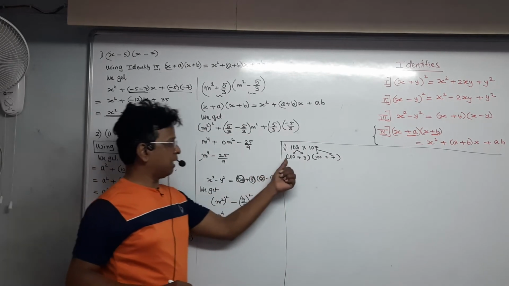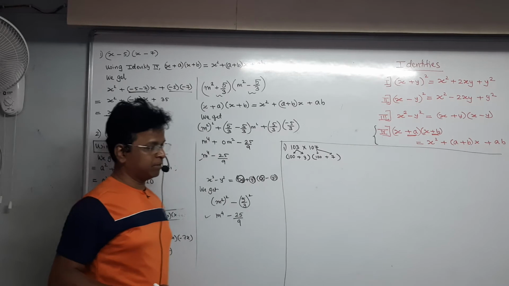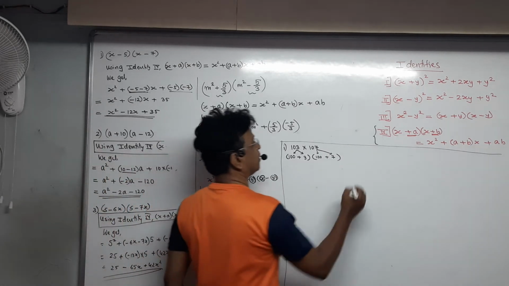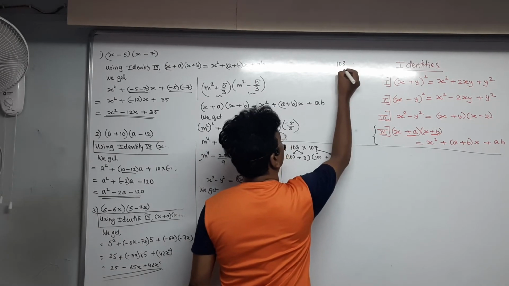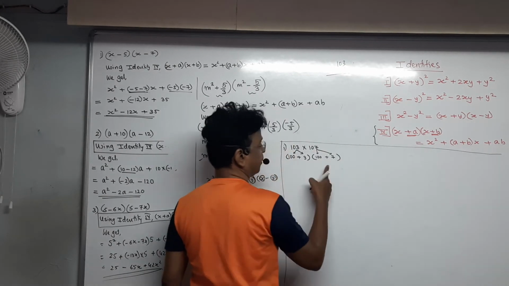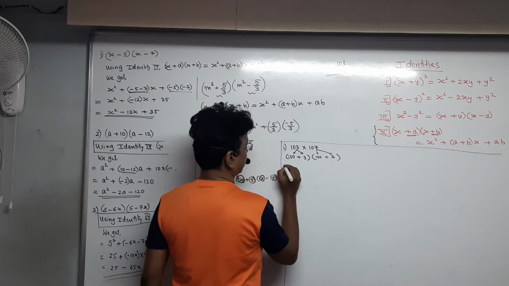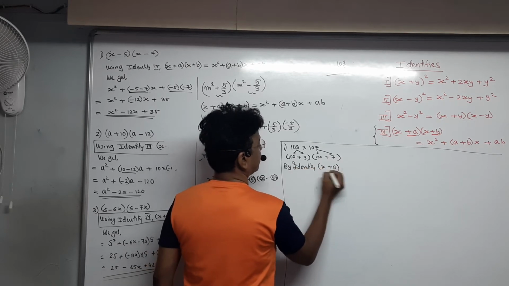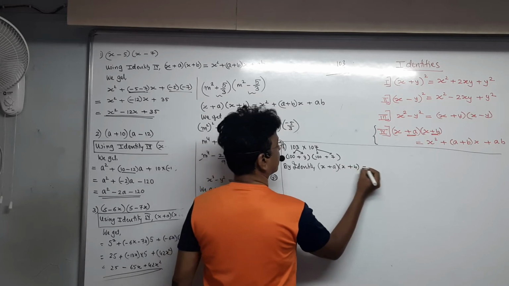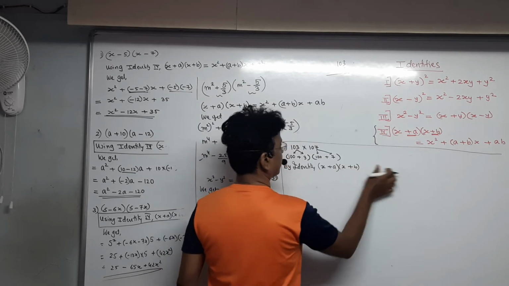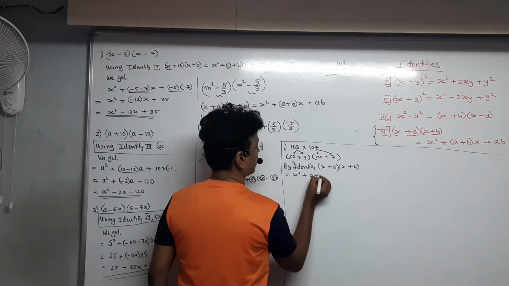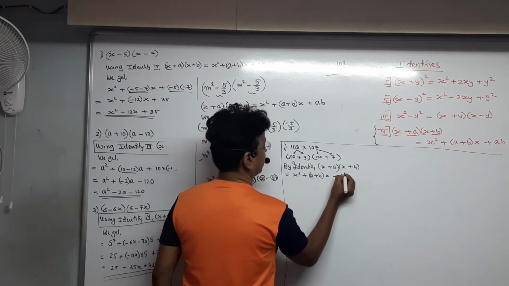Yes, (x plus a) (x plus b). So instead of doing 103 into 107 directly, you will be doing this, using the identity (x plus a) into (x plus b) is equal to x square plus (a plus b) into x plus ab.